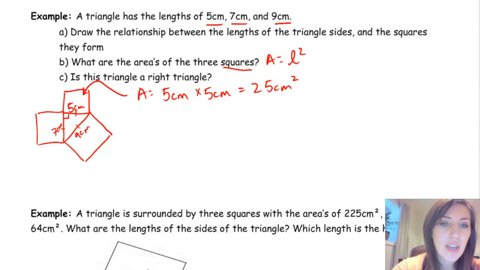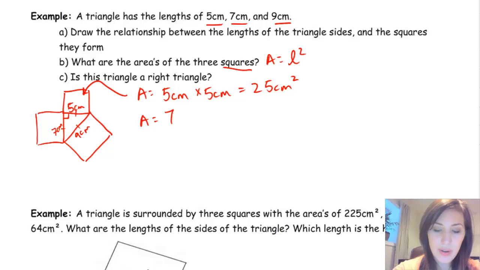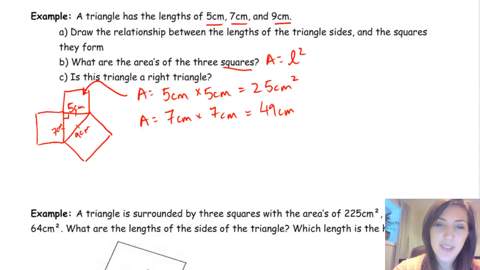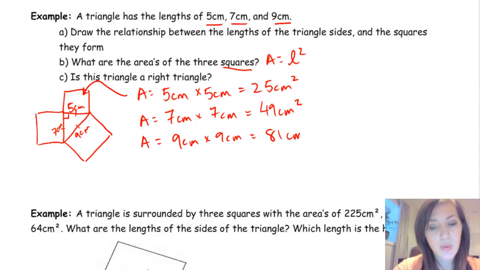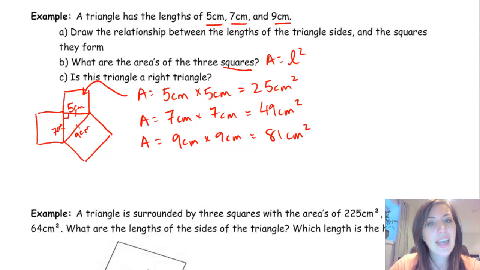The area of the next square would be 7 centimeters times 7 centimeters, which would give us 49 centimeters squared. And the area of the last one would be 9 centimeters times 9 centimeters, which gives us 81 centimeters squared. So those are the three areas.